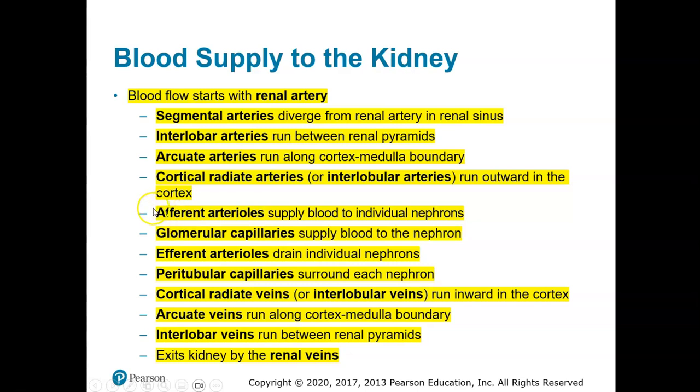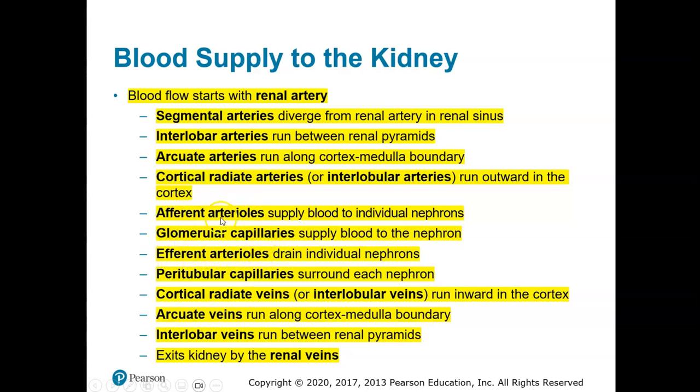Then, this part we didn't go over yet: the blood supply to the nephron starts with the afferent arterioles, then the glomerular capillaries, and then blood exits the nephron through the efferent arterioles. Then there are peritubular capillaries that surround each nephron. All of these, from the afferent arterioles to the peritubular capillaries, are the blood supply to the nephron itself.